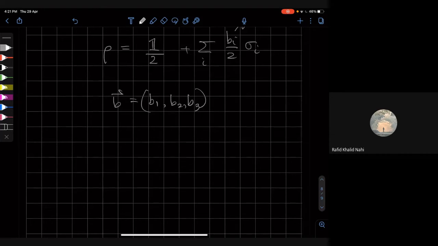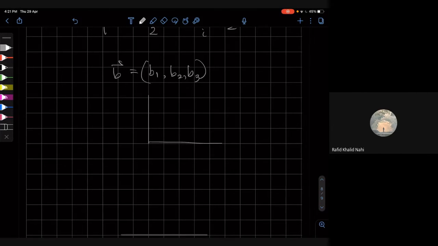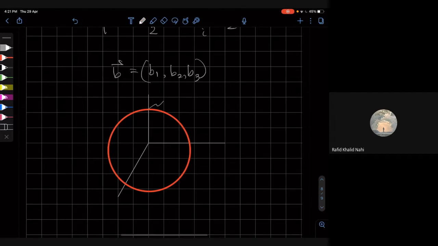And remember that we had a picture in which we represented all the pure states of a qubit as residing on the surface of a sphere, where the North Pole was spin up and the South Pole was spin down.